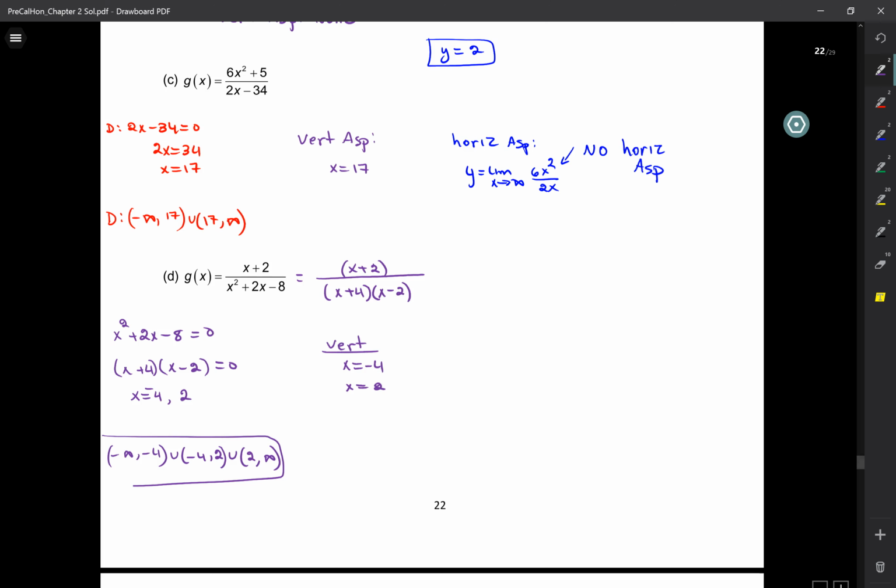Well, what about the horizontal one? The limit as x approaches infinity of x over x squared. And since the denominator has a higher degree, we just say y equals 0 is the horizontal asymptote.